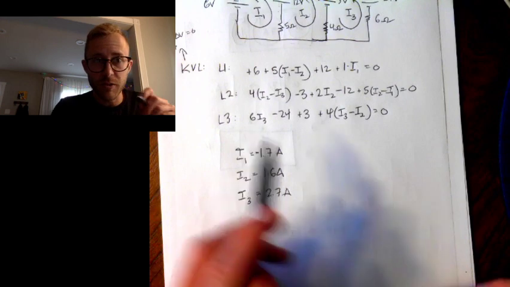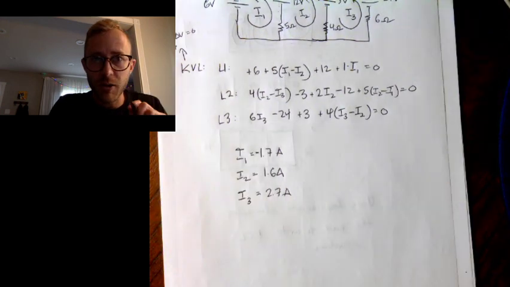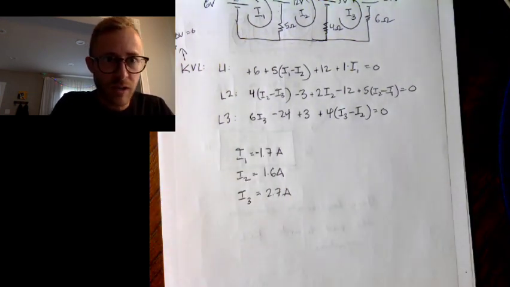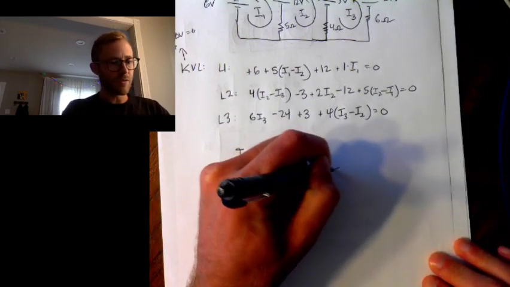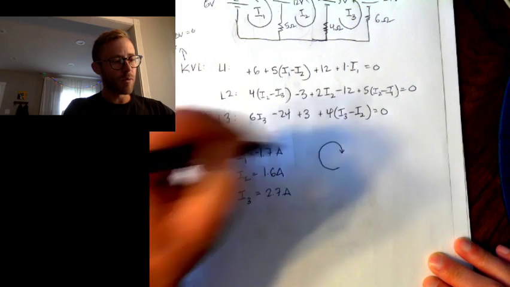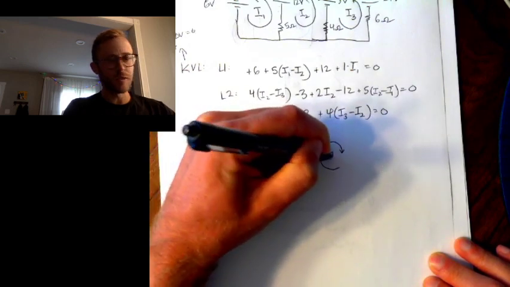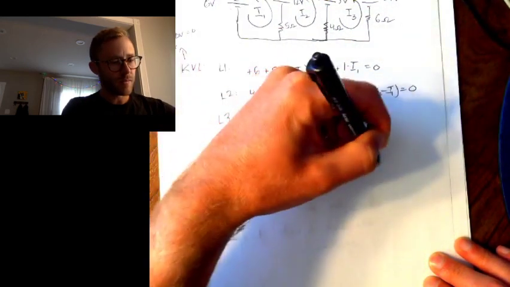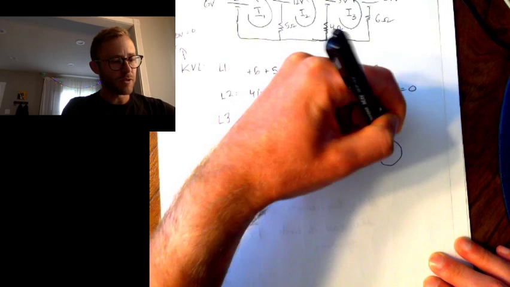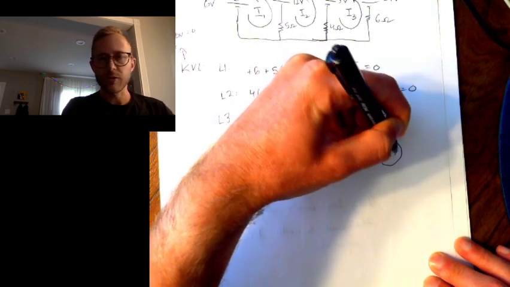It means that the loop was not a counterclockwise loop of current. It was actually a clockwise loop of current. So really, the circuit has 1.7 amps going this way. It has 1.6 amps going this way. And then it has 2.7 in this loop, like that.